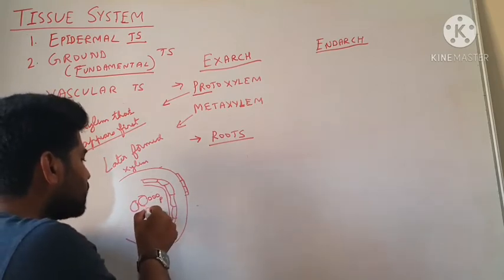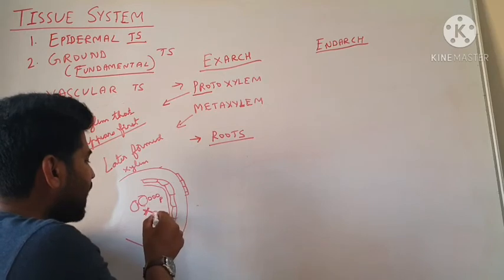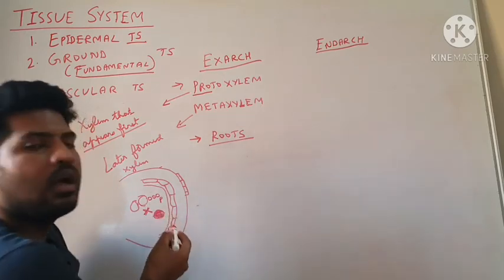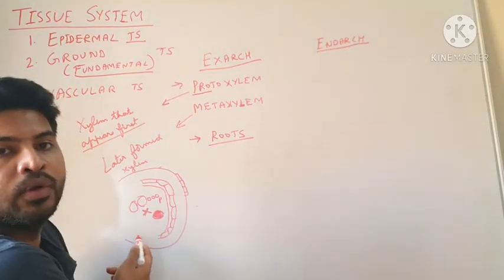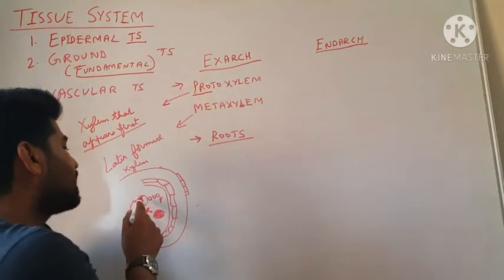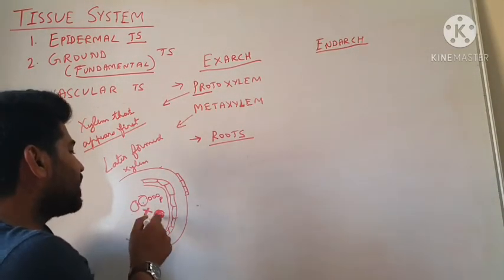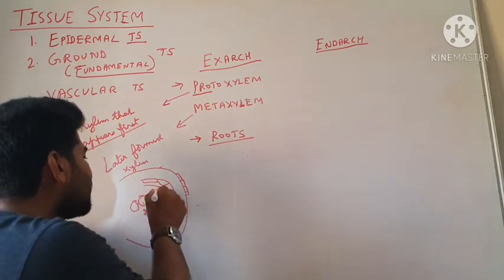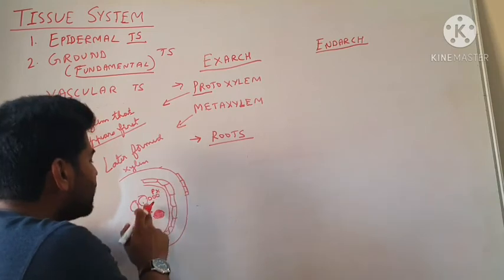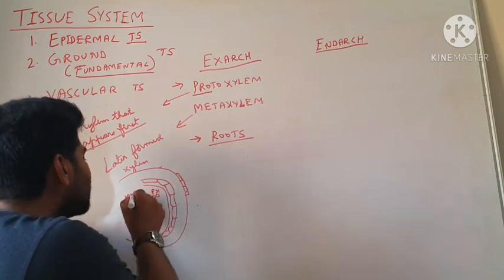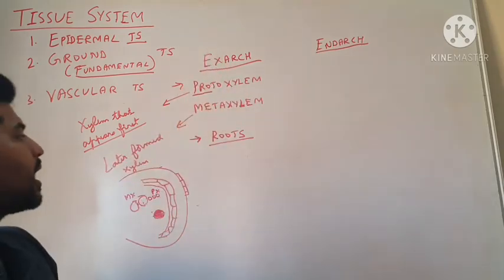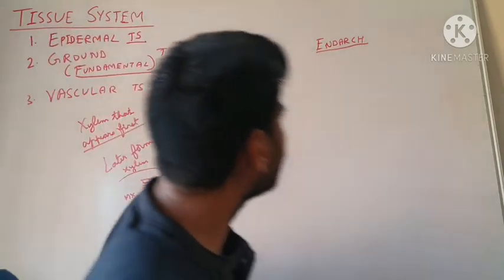So the xylem is present here and the phloem is present here in patches, the radial type of vascular bundle. Xylem and phloem are present on two different radii. Here the protoxylem is present towards the outside, whereas the metaxylem is present towards the inside. This condition is called exarch condition, seen in the roots.